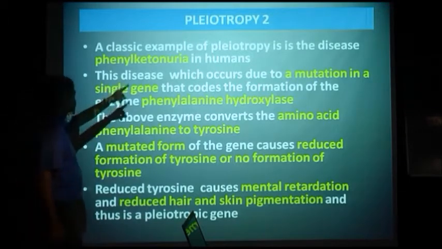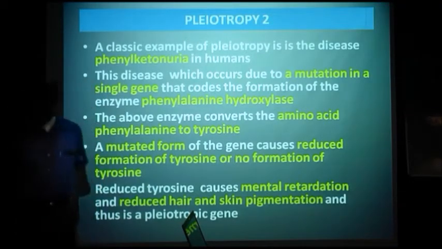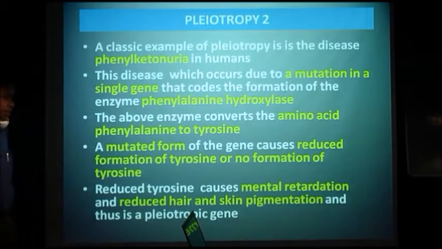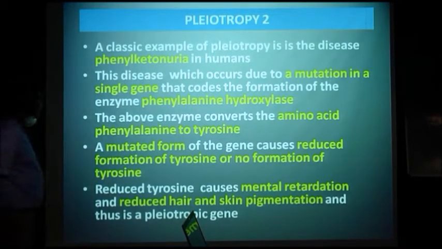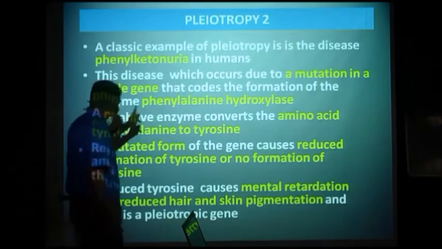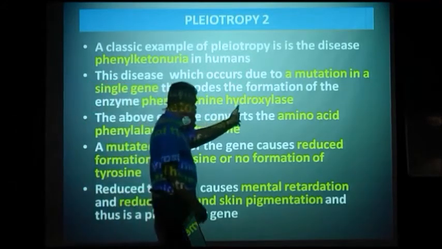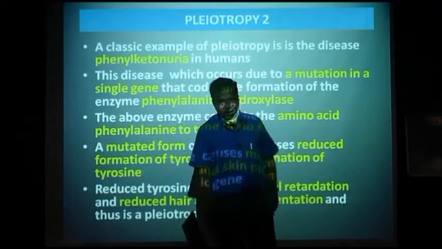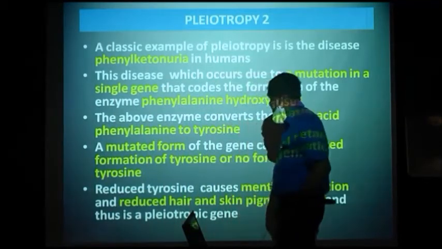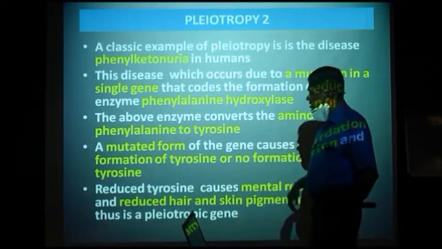Now, phenylketonuria is accumulation of phenylketones in the urine. This is because of a mutation in a single gene. Now, this gene is responsible for the enzyme phenylalanine hydroxylase. Now, what is this enzyme?